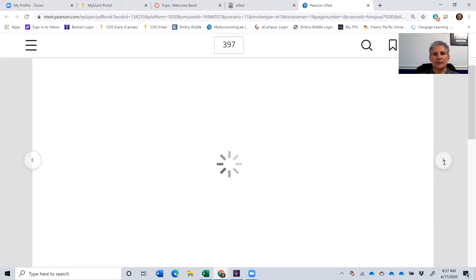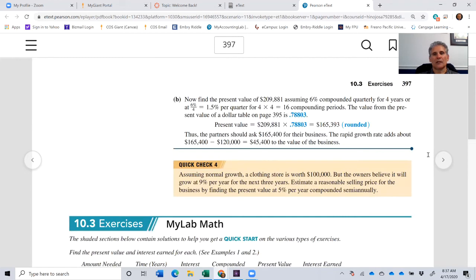So we'll figure out, now we're talking about 4 years, but it's compounded quarterly, all right? So we have to convert the 6% rate to a quarterly rate. To do that, we're going to take 6% and divide that by 4. So the quarterly rate is now 1.5%. And then we're going to take the number of years and multiply that by 4 because there's 4 times per year, it's quarterly. 4 times 4, 16.